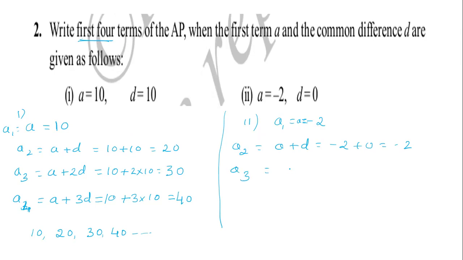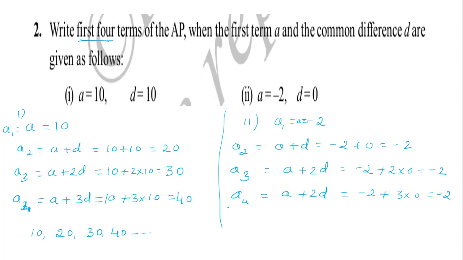A3 is equal to A plus 2D, minus 2 plus 2 into 0, 2 into 0 is 0. Therefore, minus 2. A4 is equal to A plus 3D, minus 2 plus 3 into 0 is equal to minus 2.